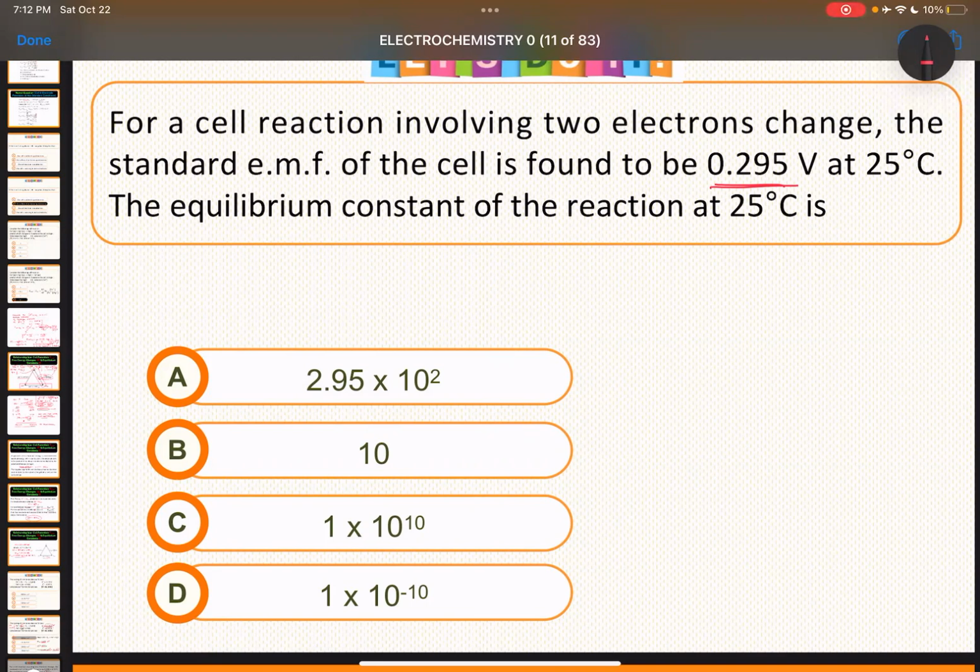So what was the relationship between the equilibrium constant K and EMF? Either you need to remember it, or if you forget, you can derive it from the Nernst equation itself.